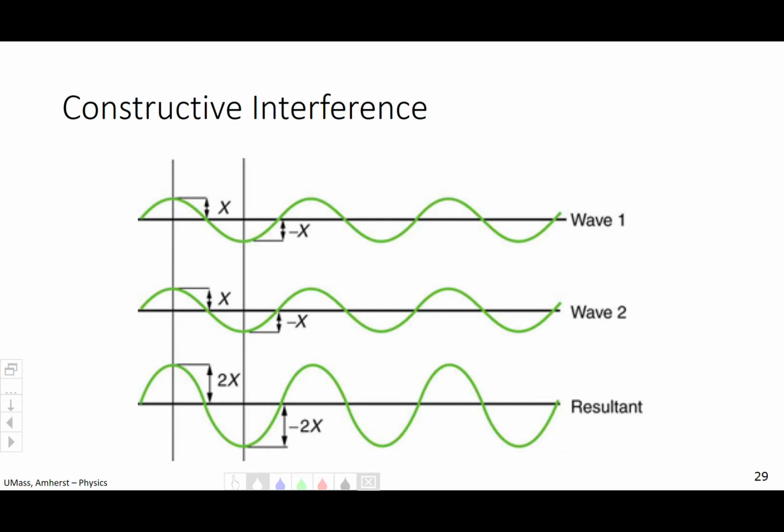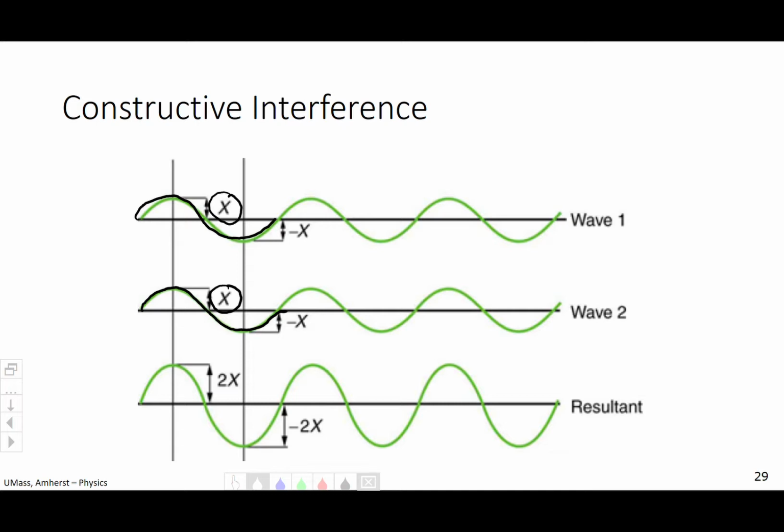Well, for instance, you can have constructive interference. Constructive, construct, build. So we have wave 1, which has an amplitude x, and wave 2, which has an amplitude x. These are identical waves. They have the same period.